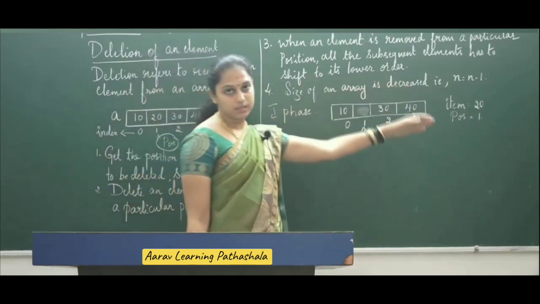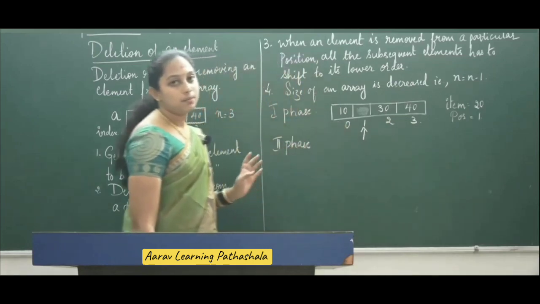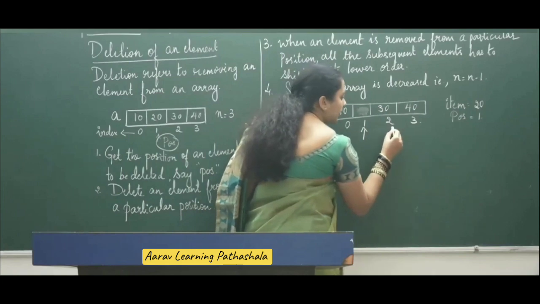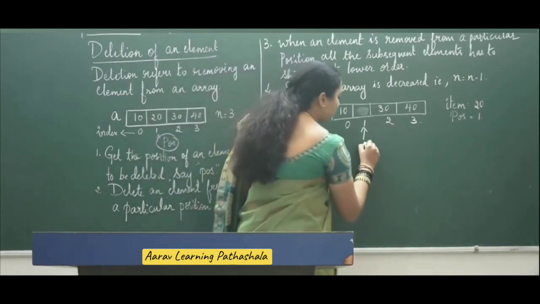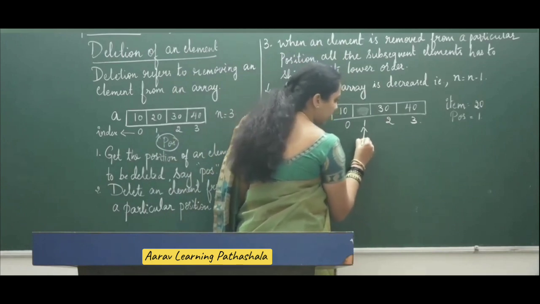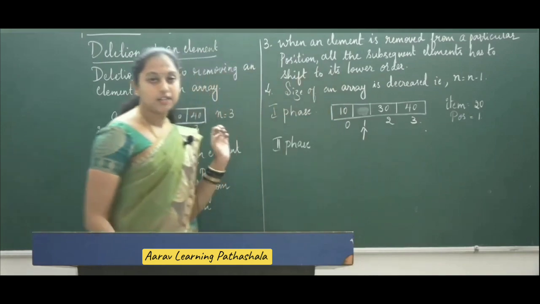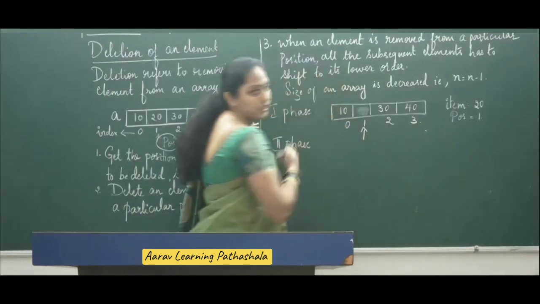In the second phase, all the subsequent elements have to shift to their lower order positions. That is, I have to shift the elements from i is equal to p, from the position where I have deleted the element till the last element of an array, to their lower order.